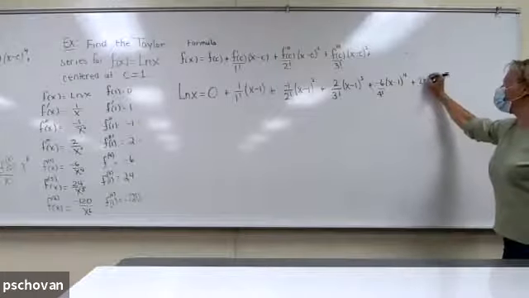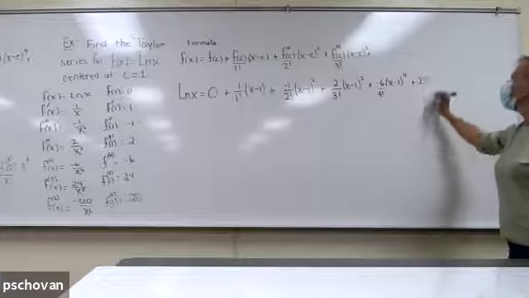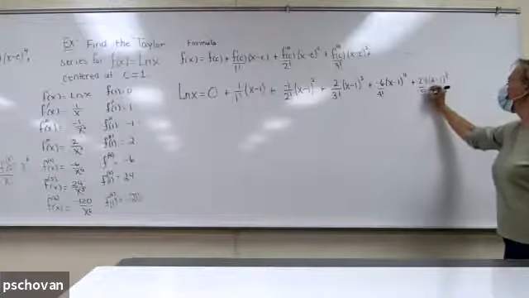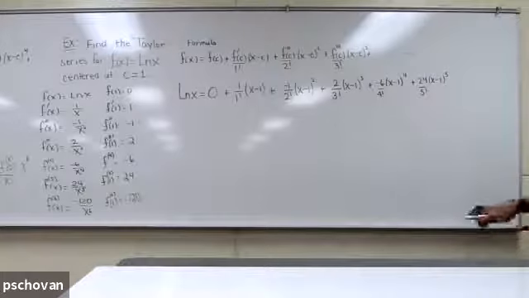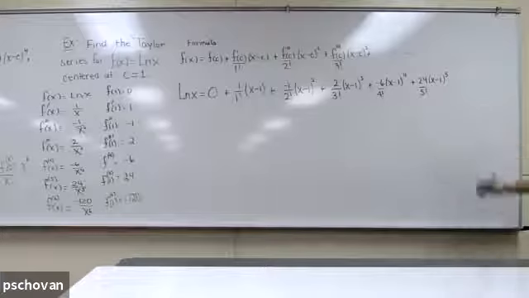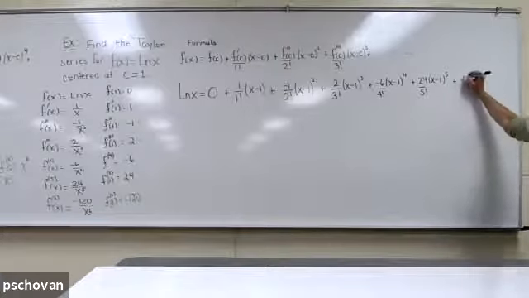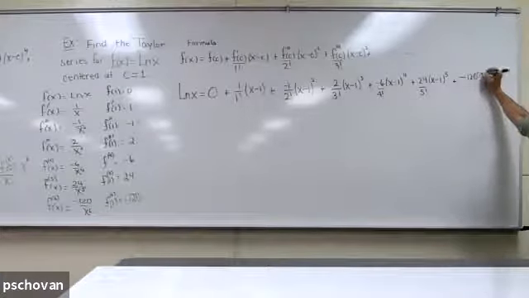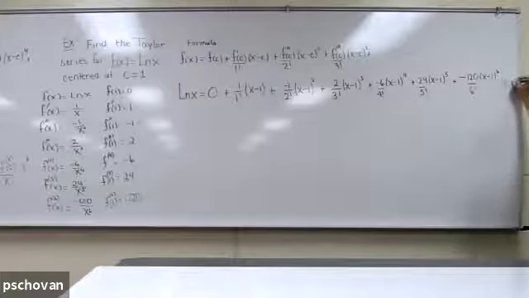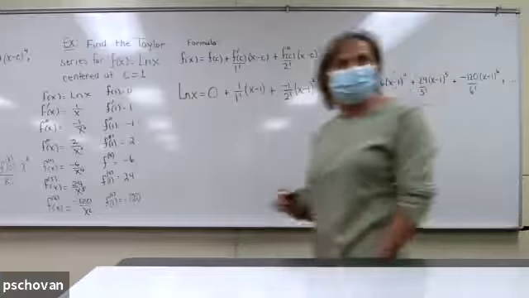Then we have 24, x minus 1 to the fifth over 5 factorial. And then we have negative 120, x minus 1 to the sixth over 6 factorial, dot, dot, dot.